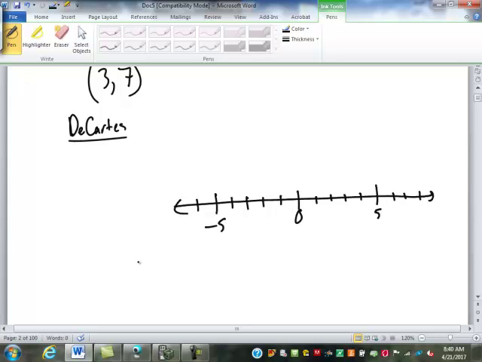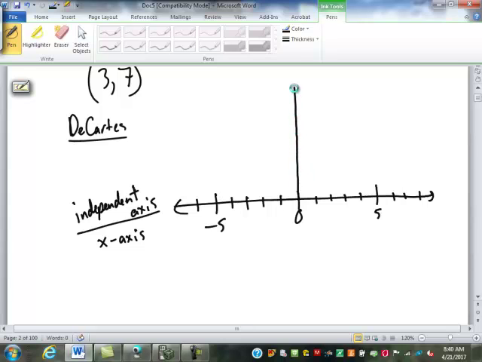And that's going to be referred to as our independent axis. Some of you may have heard that referred to as the x-axis. And then Descartes took a second number line, but instead of running it horizontally, he ran it vertically.